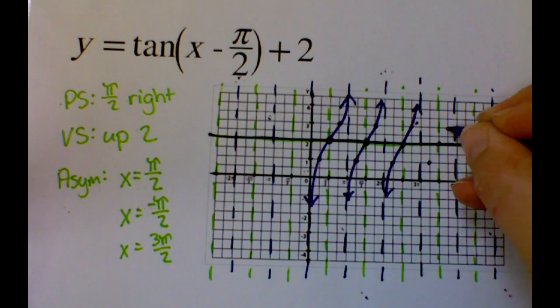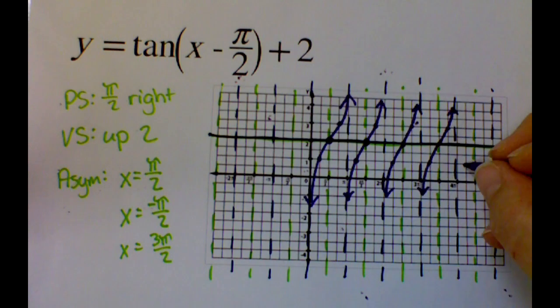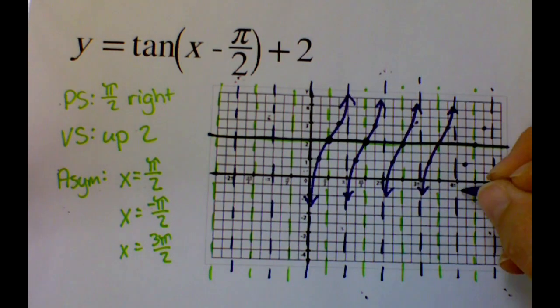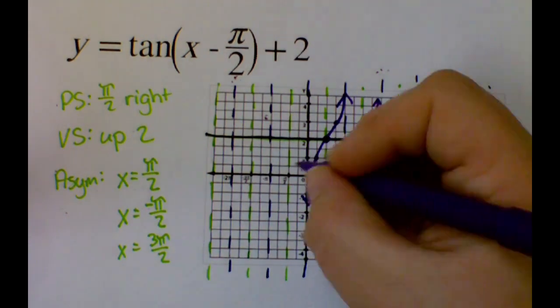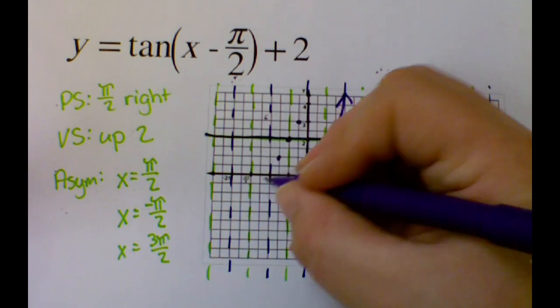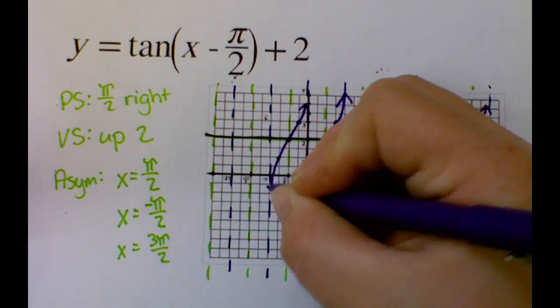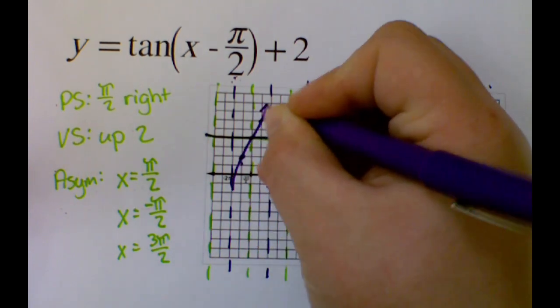Being careful not to cross those asymptotes, except maybe with the arrowheads. And let's draw some on this side. And there's our graph.